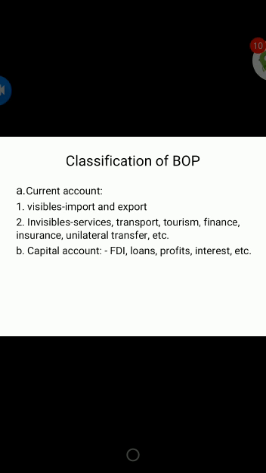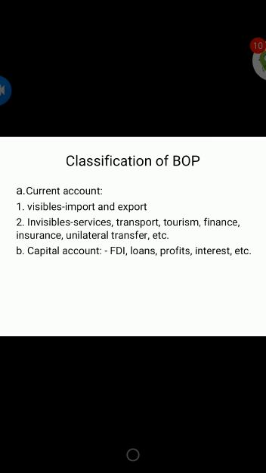The balance in this account may be a deficit or surplus, and that will be transferred to the capital account. And this current account is of two types: visible and invisible.